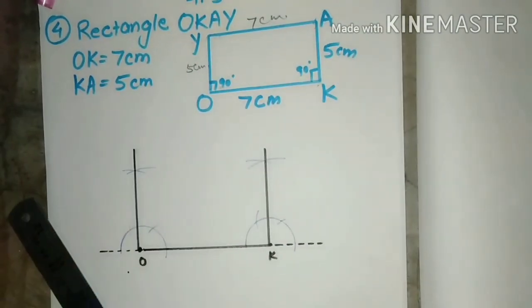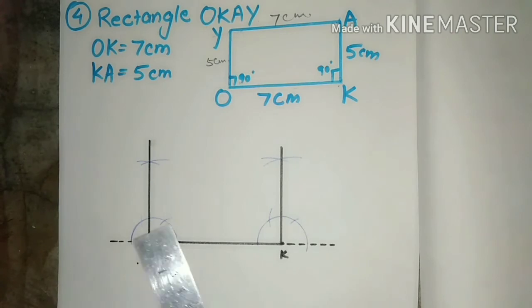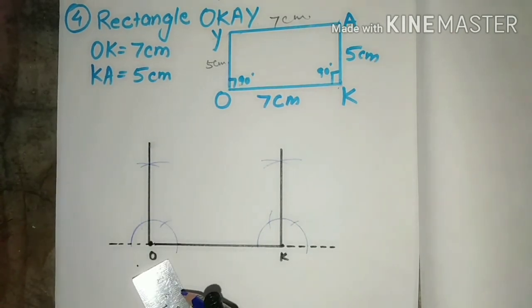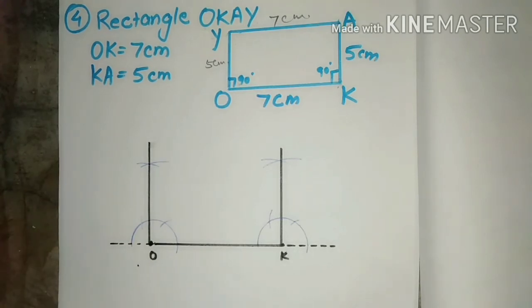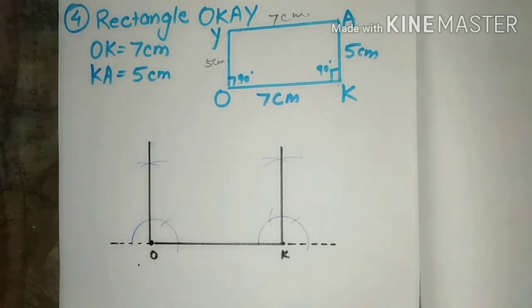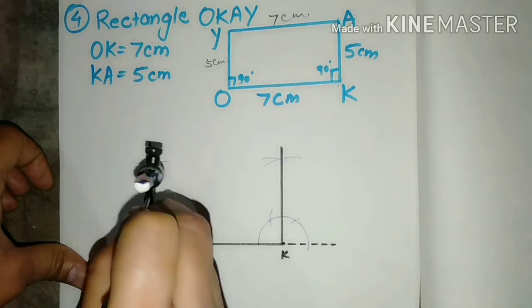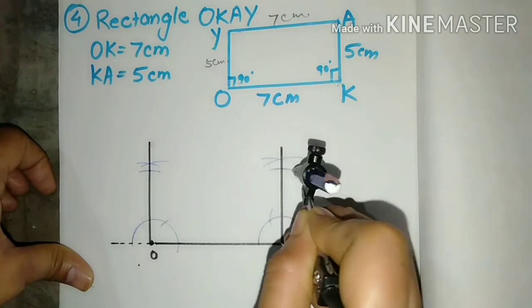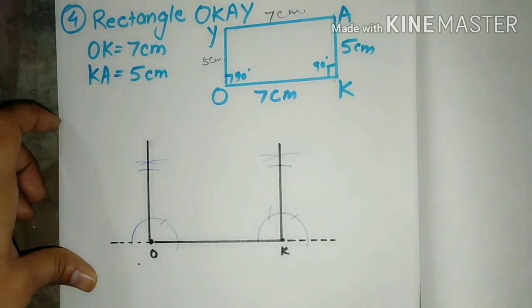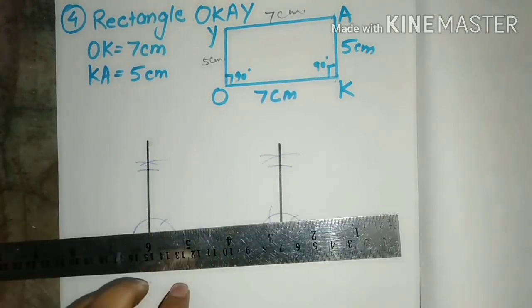Now you have to measure in the rounder 5 centimeter arc, as OY and AK is given 5 centimeter. Just in the scale measure 5 centimeter arc from point O. Cut the arc from point K. Cut the arc. Be careful with this 90 degree construction and this 5 centimeter arc, and join them.